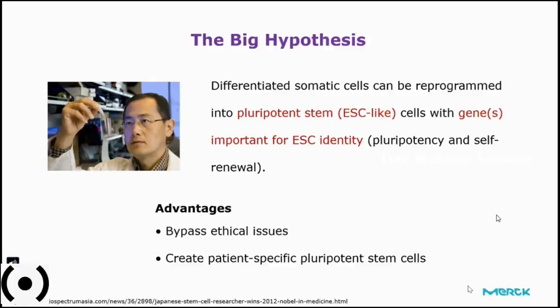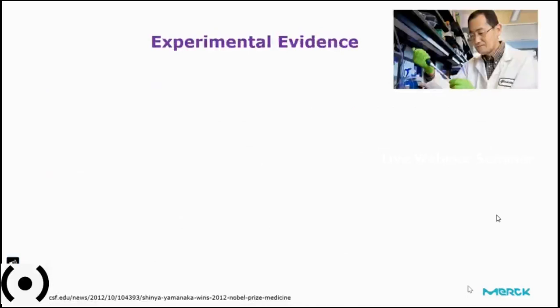So this was the hypothesis, and then Yamanaka worked on it. He provided experimental evidence that this is possible. So how did he do it? He identified different genes which are required for embryonic stem cell identity. When I say embryonic stem cell identity, what does it mean?